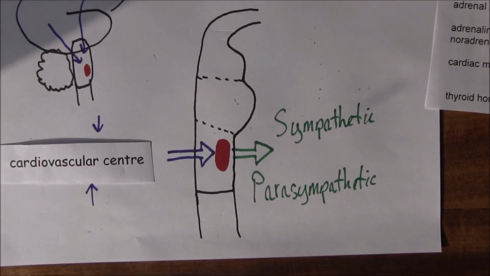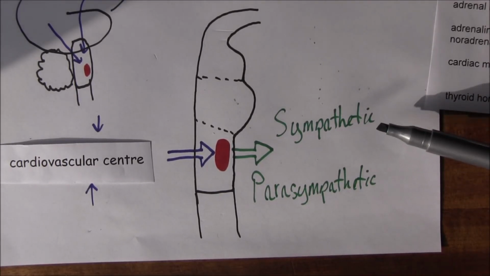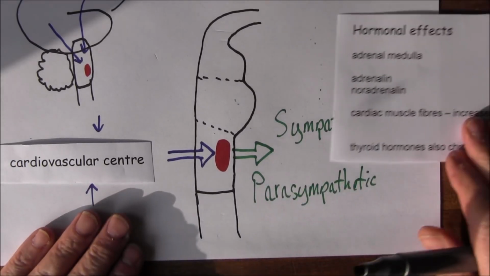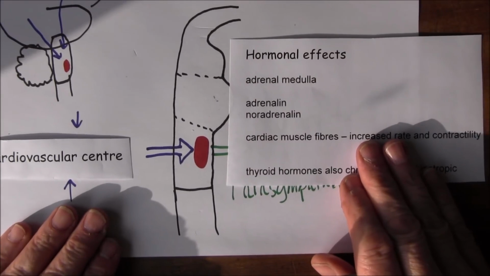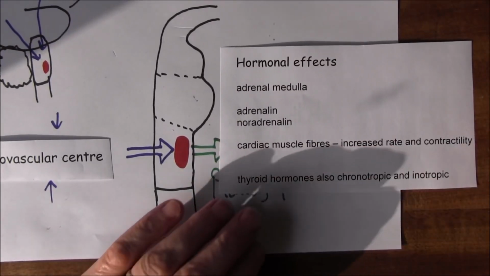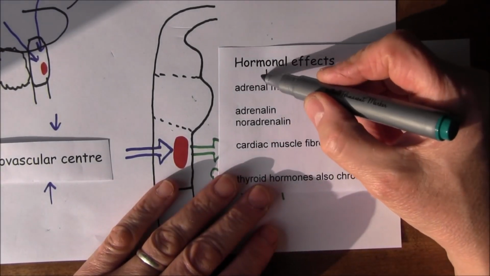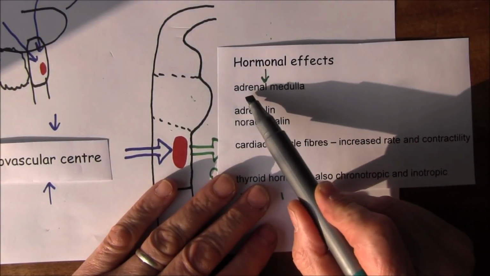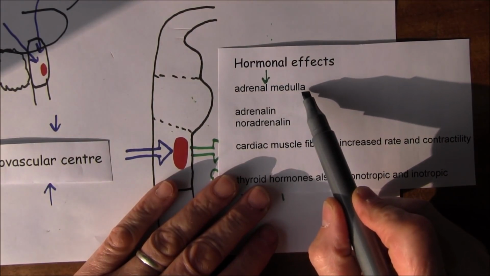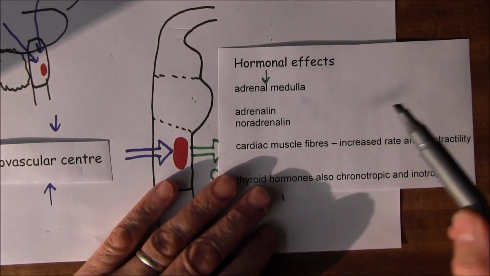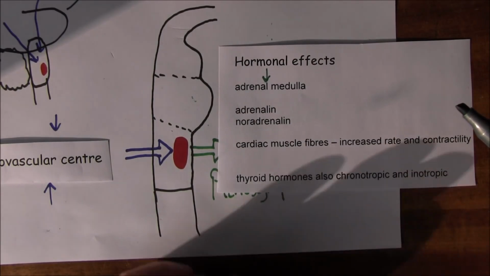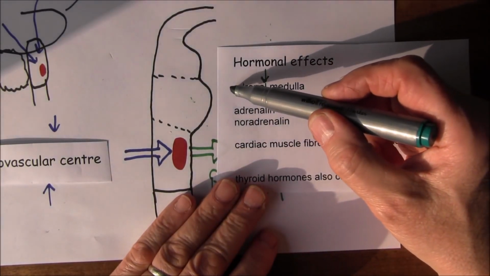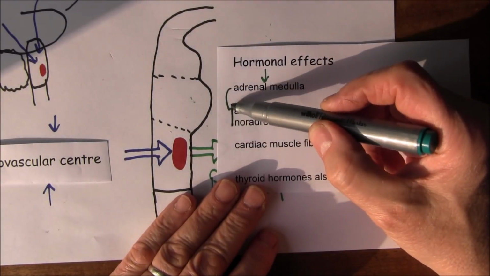Now, as well as stimulating the heart directly, sympathetic fibres also go to the adrenal medulla, giving rise to hormonal effects. So there are hormonal effects mediated via sympathetic stimulation of the adrenal medulla. The adrenal medulla, of course, is the inside part of the adrenal gland. And this is going to release adrenaline and noradrenaline.